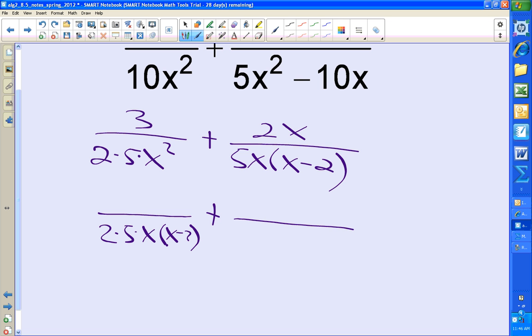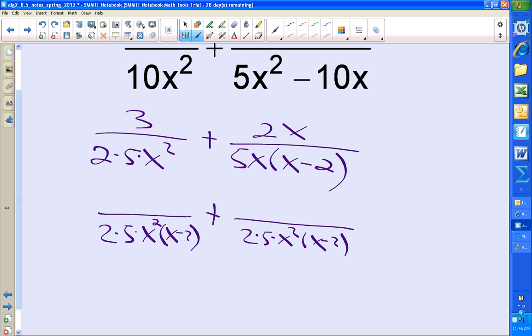And the x squared, and the x minus 2, 1. So 2 times 5, x squared, x minus 2. Again, if you can do this without doing 2 times 5 and you wrote a 10 here and a 5 here, I'm okay with that. So here's your 10 in the LCD.